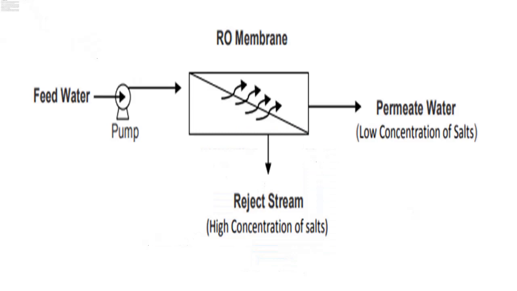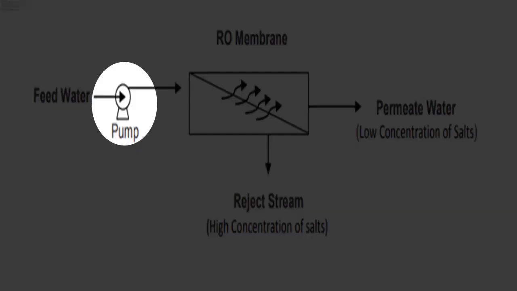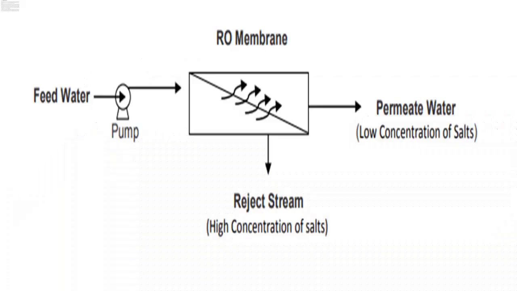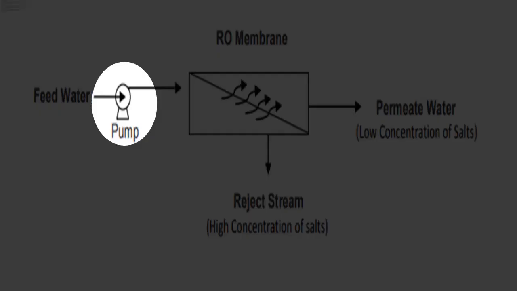Now we'll study the working of reverse osmosis. In reverse osmosis, we will use a high pressure pump. In this system, let us visualize a thing. There is a semi-permeable membrane, and before the membrane is one zone, and after the membrane is another zone. Before the membrane we feed the raw water, or the water which needs to be treated, and using this pump we increase the pressure of the raw water.